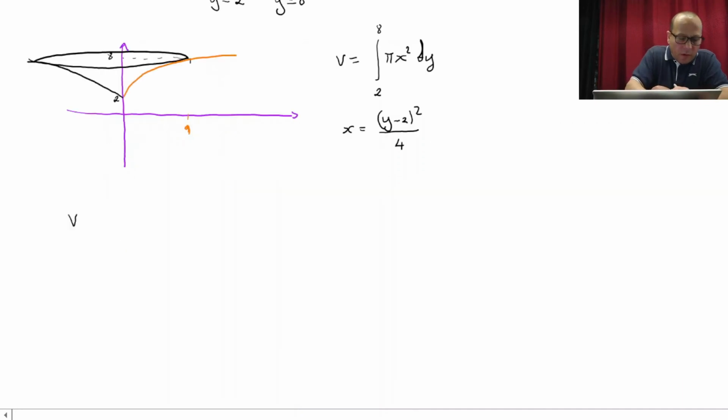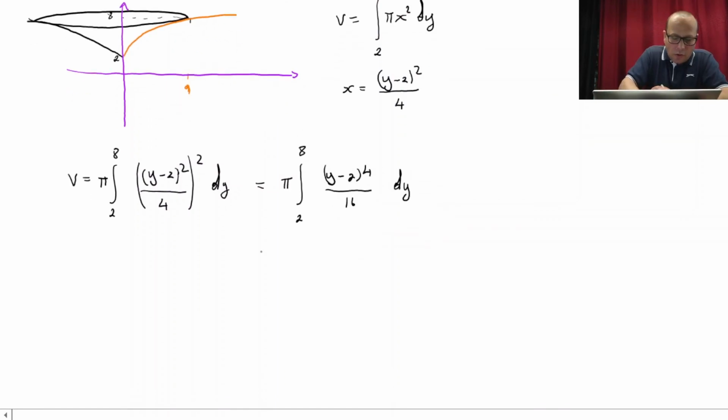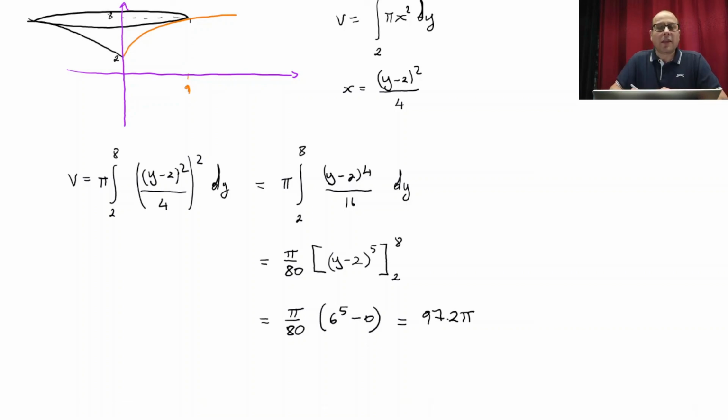Then the volume V will be equal to, simplifying and integrating that, pi over 80 times (y minus 2) to the power of 5, between 2 and 8. And that's equal, using the calculator, to 97.2 pi cubic units.